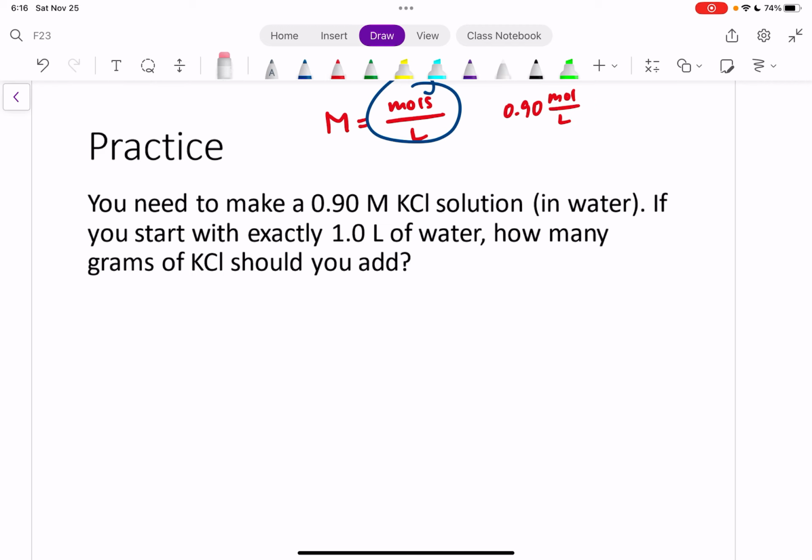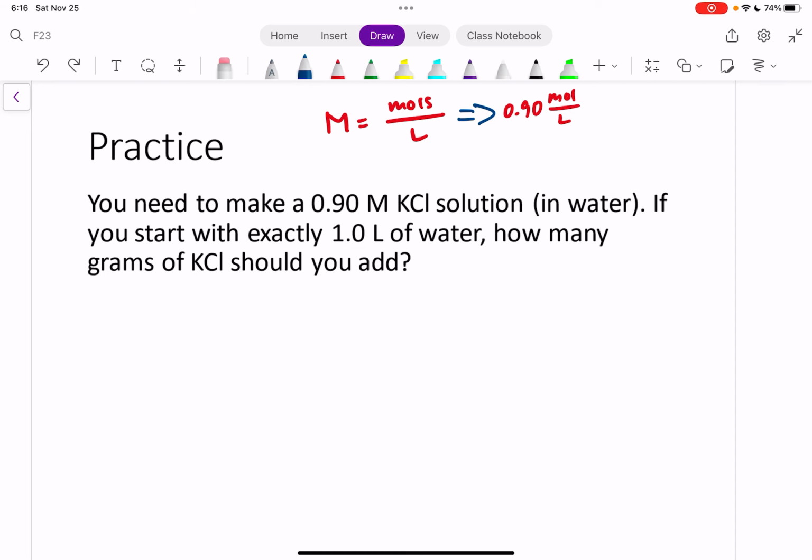Now, if our solution is 0.90 moles per liter, just like when I say miles per hour, and that's assumed, if you're going 65 miles per hour, that means you're going 65 miles in 1 hour, right? Same idea here. There's an imaginary 1 right here for liters, right?